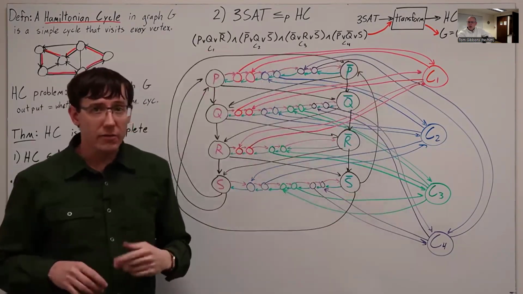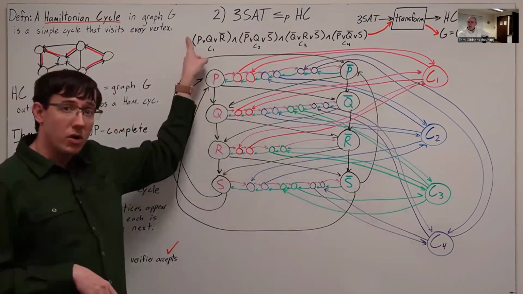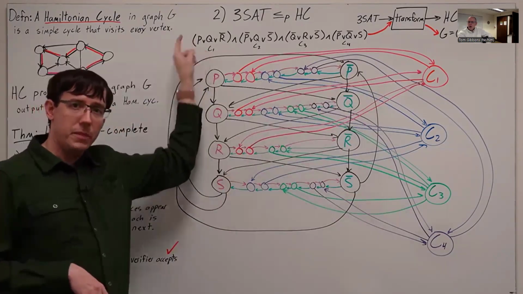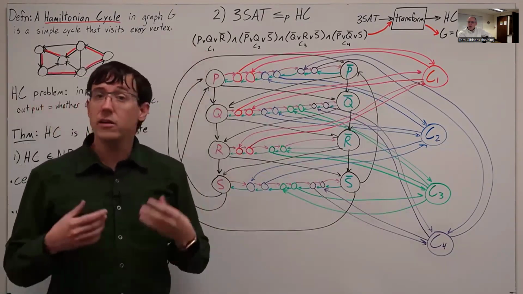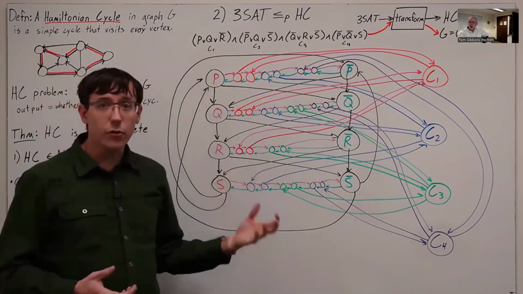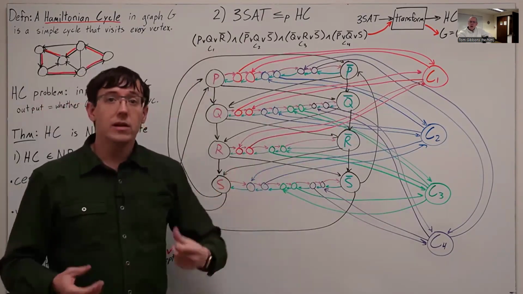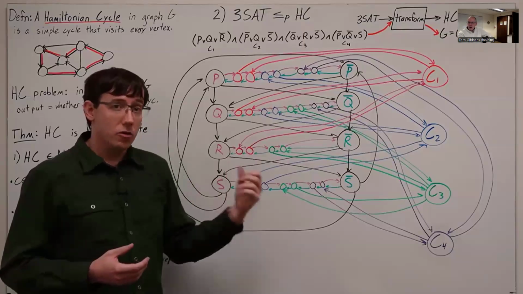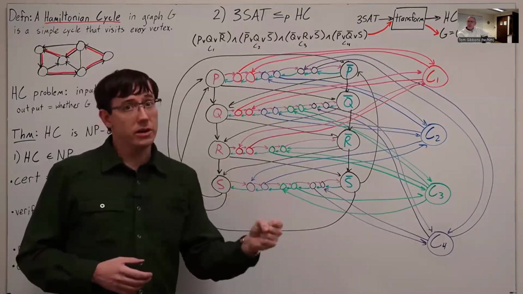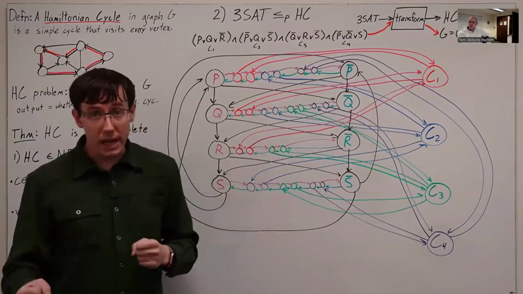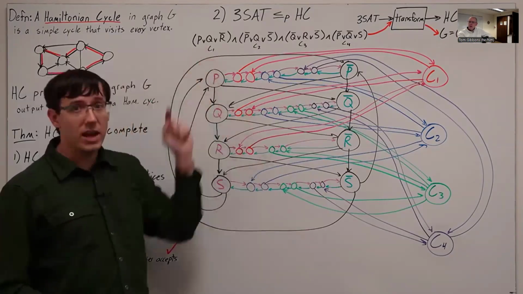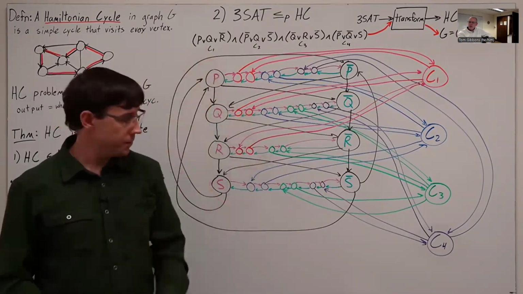So now we've built a graph corresponding to this particular SAT problem. And I claim that in general, this procedure for building the graph will give us a graph that has a Hamiltonian cycle if and only if the original SAT problem was satisfiable.